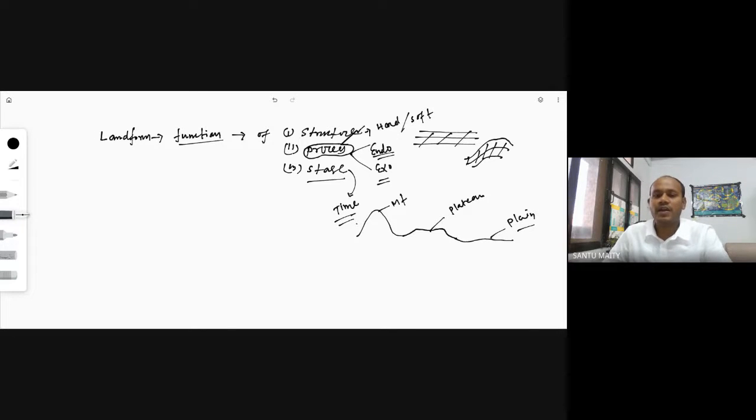As for example, our Himalayan mountain was formed in the Tertiary period. This is a geologic period, and it was not formed in a single day. Rather, it has formed over a long geological period, say for millions of years. 1 million equals 10 lakh. The formation of the Himalayan mountain took millions of years.